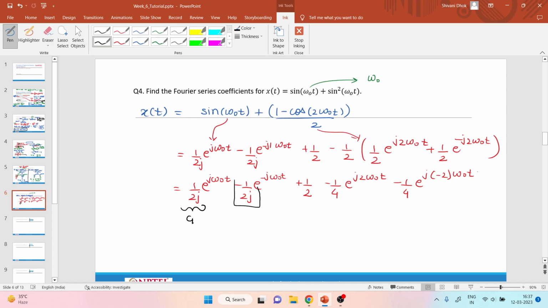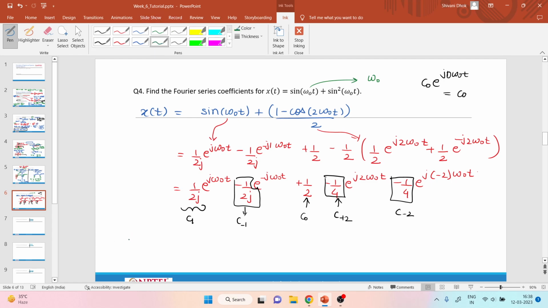This entire thing is C of minus 1. Now this is C0, because C0 into e power j 0 omega naught t is equal to C0 into 1. So there is no complex exponential attached with it. So this is the DC component or C0. Then this factor here is simply C of 2, and this factor here is C of minus 2.